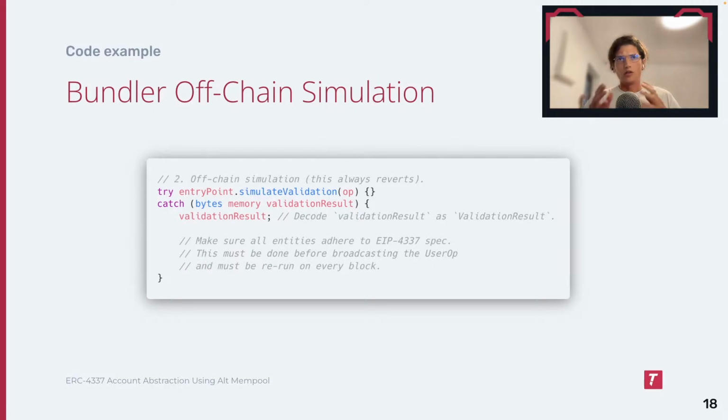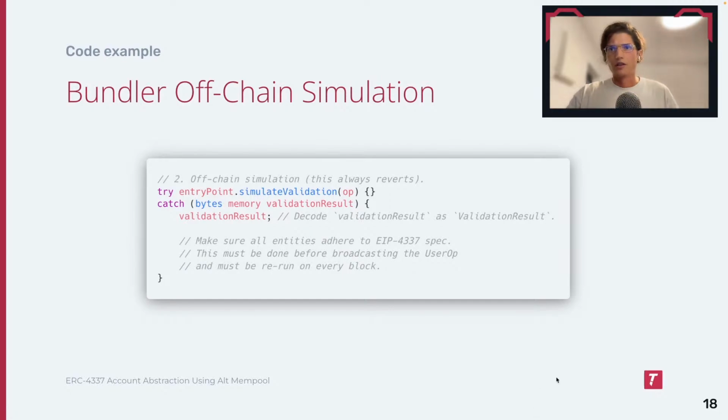I'll go into a bit more detail on that later, but basically, as long as the entity is staked, we can relax some of the restrictions. And again, there's also this idea of alternative mempools that can have different specs.